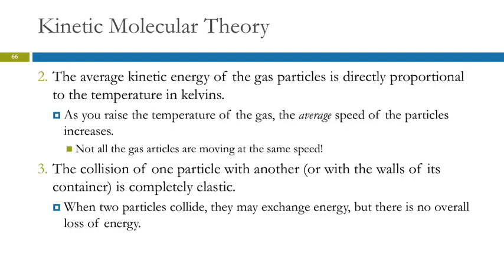So the temperature of a substance is a measure of the average thermal kinetic energy of the particles in that substance. So this statement means that directly proportional, when we raise the temperature, the average speed of the gas particles increases. So higher temperature, the gas particles are moving faster.